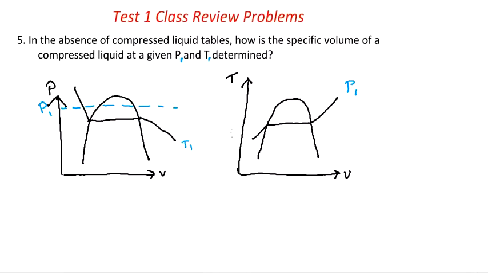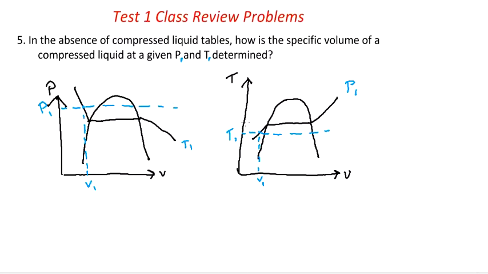We're in a compressed liquid area, and this is our T1. So this is the specific volume that we actually want. This is our V1.